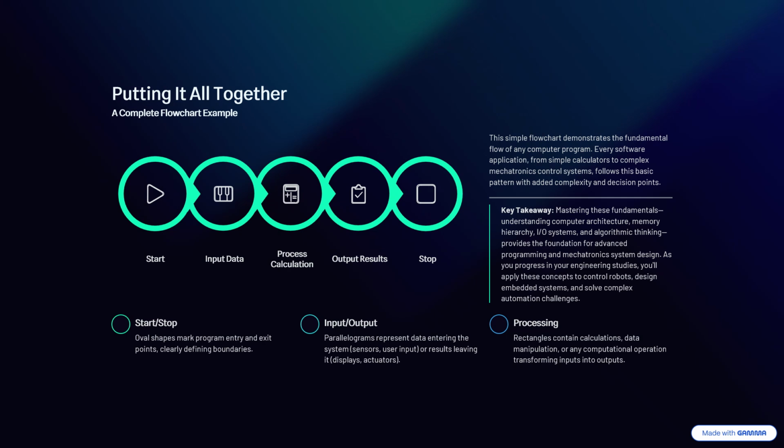So this is all about how a computer works and its components, and I have also explained the flowchart, how the flowchart is made and which shapes indicate the start and stop.